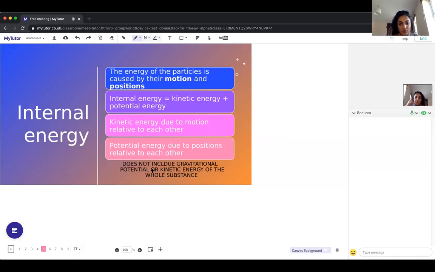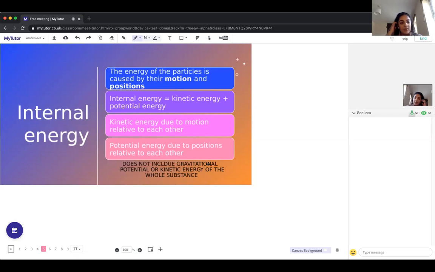One comes from the motion of the particles, and one comes from the positions. Now, the one that comes from the motion of the particles is one that we're already familiar with. That's kinetic energy. We know that kinetic energy is the energy associated with movement.